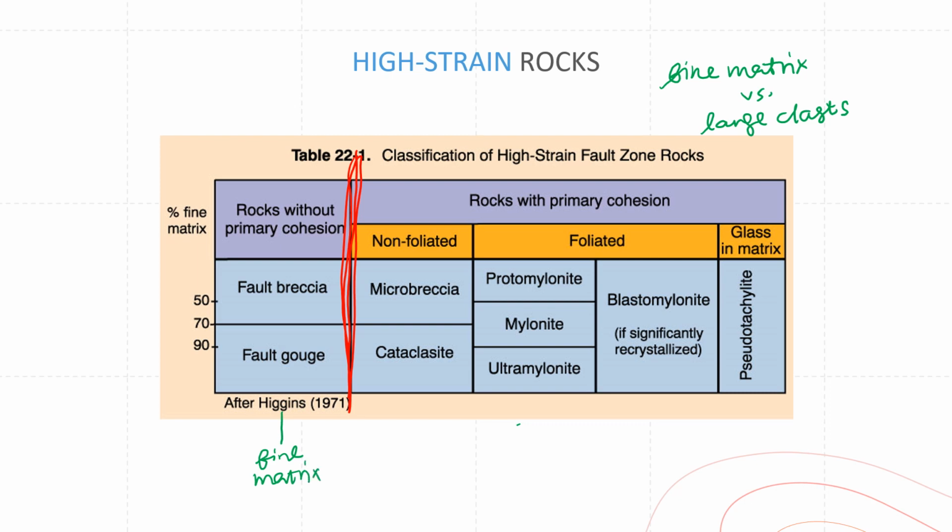In our non-foliated rocks, we will be looking at the clasts. And then in our foliated rocks, we have our mylonites, which are gradational. And if there's proof of significant recrystallization, we have the prefix blasto. And if you find glass in the matrix, then we would have pseudotachylites. So that's just a quick recap of this first table.